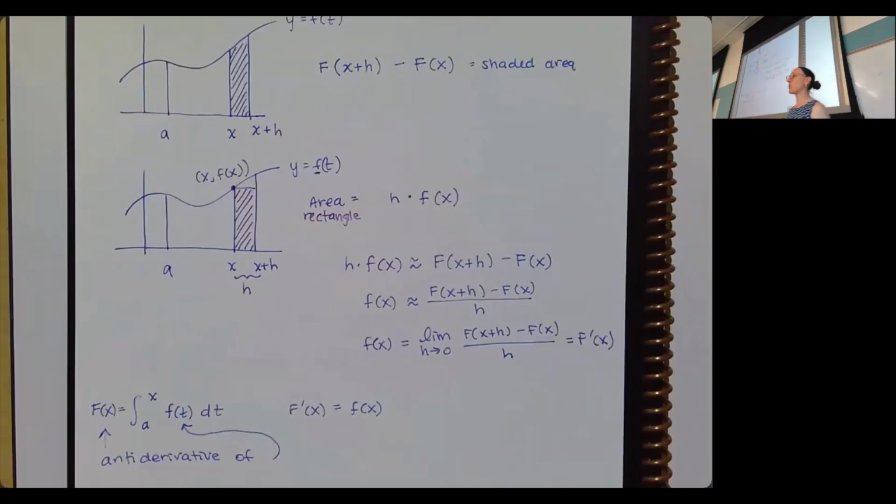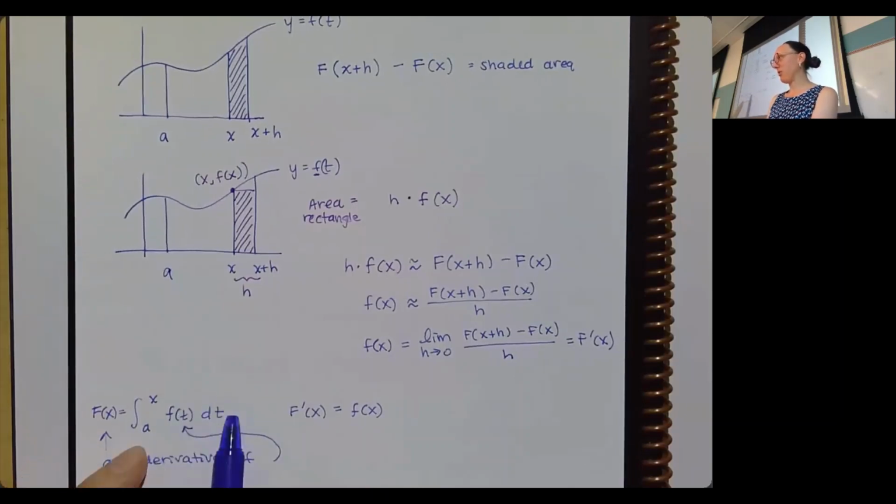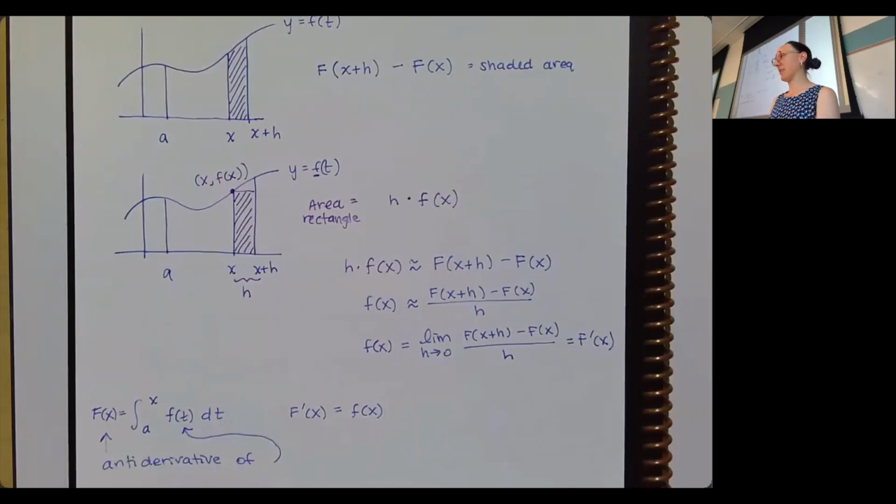And that gives us a tool to now evaluate those definite integrals and to find areas by using antiderivatives, not having to write out those Riemann sums, not having to find areas of rectangles, not having to approximate areas, but actually we have a relationship here that evaluating this integral is equivalent to finding the antiderivative.